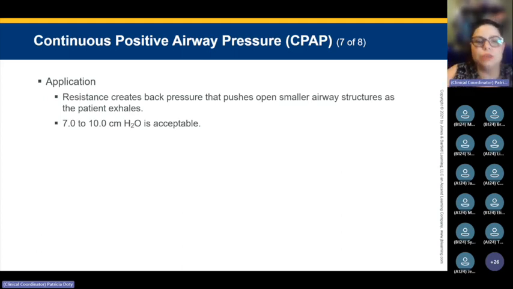This resistance creates that back pressure that pushes open those smaller airway structures such as your alveoli as the patient exhales. The amount of pressure can be determined by adjusting a valve within the CPAP system or with a separate valve that can be attached. A pressure of 7.0 to 10.0 is generally acceptable in the therapeutic range.